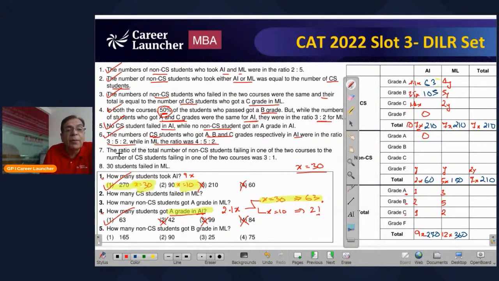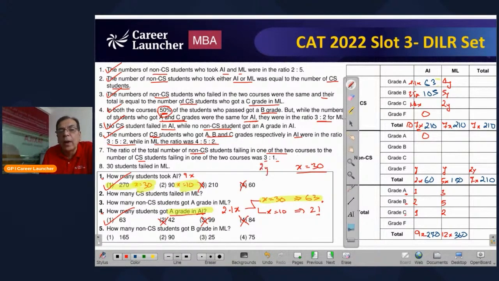Statement 7. The ratio of the total number of non-CS students failing in one of the two courses to the number of CS students failing in one of the two courses is 3:1. So the number of non-CS students failing in one of the two courses is 3 times the number of students who failed in the CS courses. What is the total number of students who failed in CS? 2y.